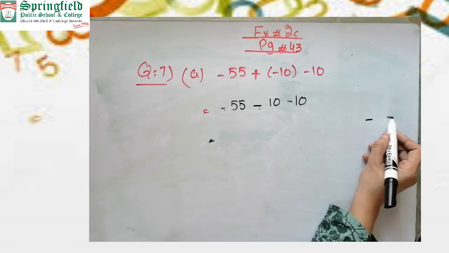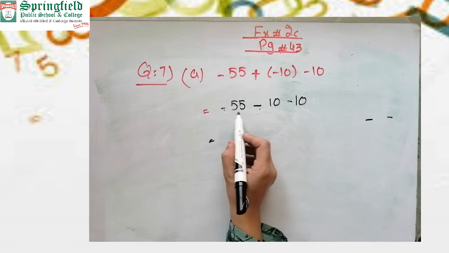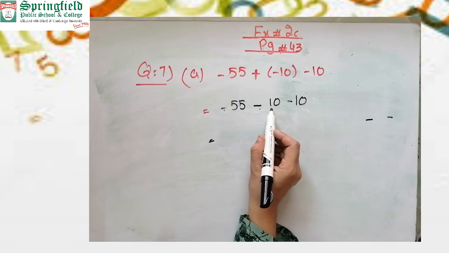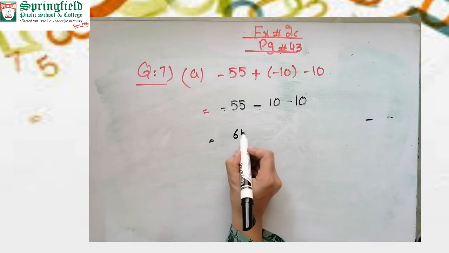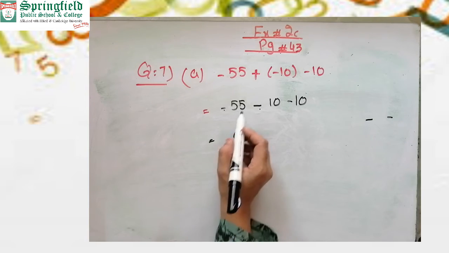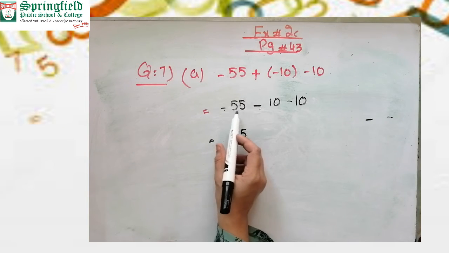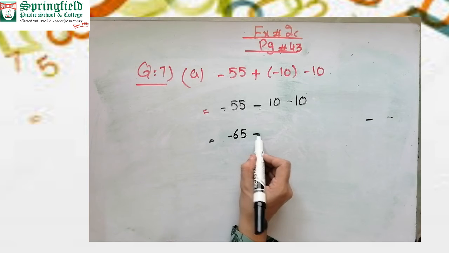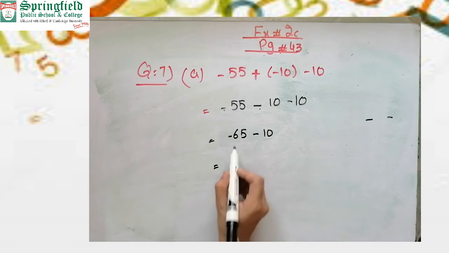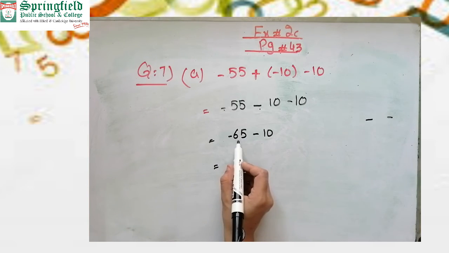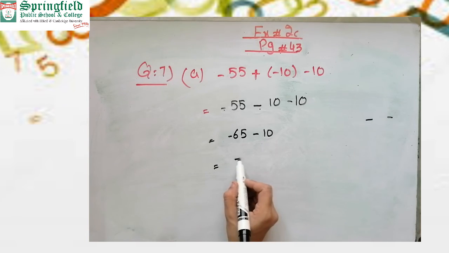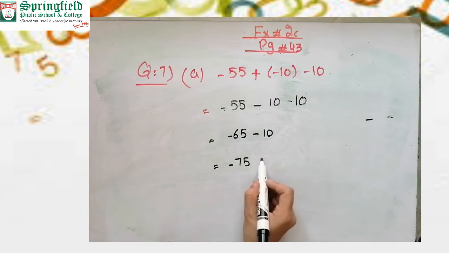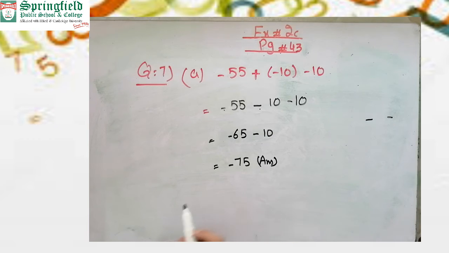Minus and minus, the other number will plus. It means they are add. So 55 plus 10, 65. And the sign will minus because 55 is a greater and greater value I have negative sign. Minus 10. Again minus minus plus. So 65 plus 10, 75 and the sign will minus. This is your final answer.